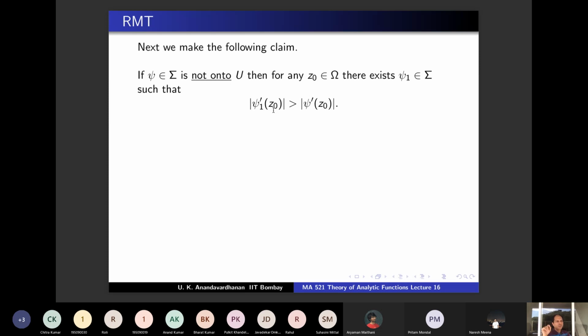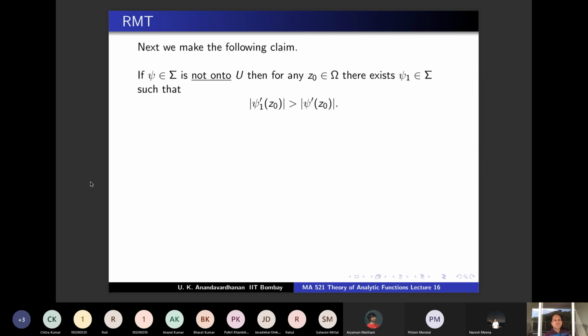If you have a function f and you compose it with phi alpha and phi beta on either side, where f of alpha is beta, then we got a bound: I think it was modulus of f prime alpha is less than or equal to (1 minus mod beta squared) by (1 minus mod alpha squared). We proved such a thing using Schwarz lemma. So such an idea is going to be used here in order to construct such a psi1. So let's do this.